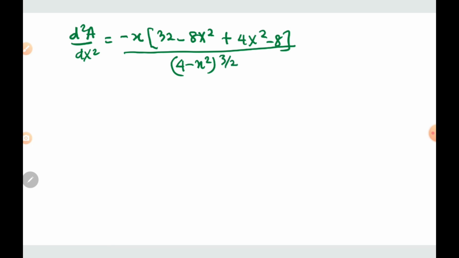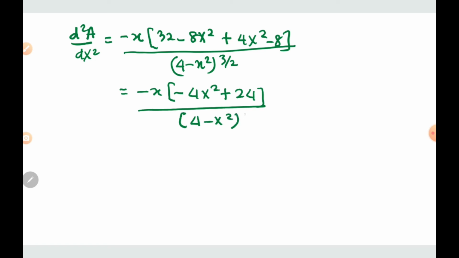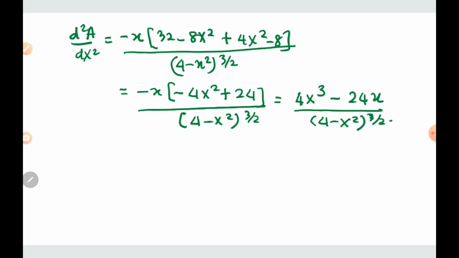Okay, I combine the factors of (4 - x²), collect them together to be the denominator here, and simplify to get -x multiplied with (-4x² + 24) over (4 - x²) to the power of 3/2. Or if we expand, we will get (4x³ - 24x) over (4 - x²) to the power of 3/2.